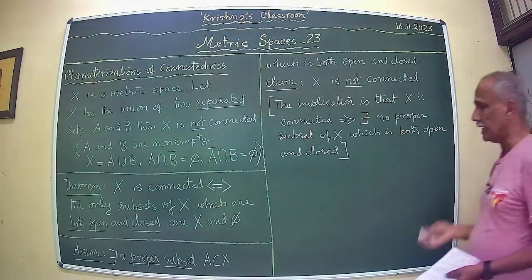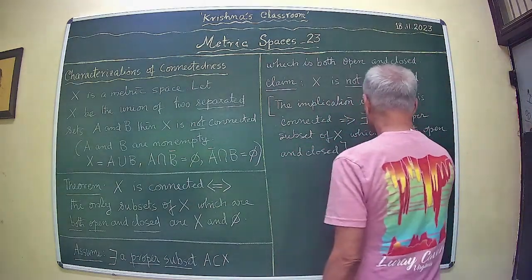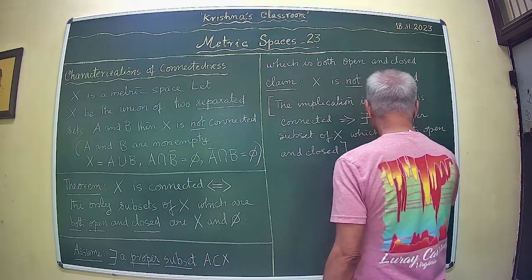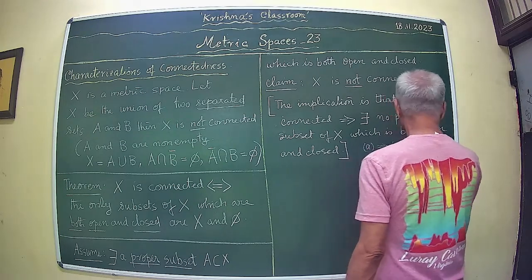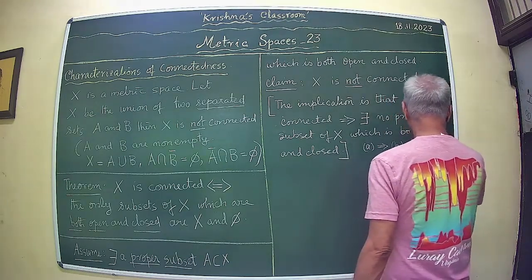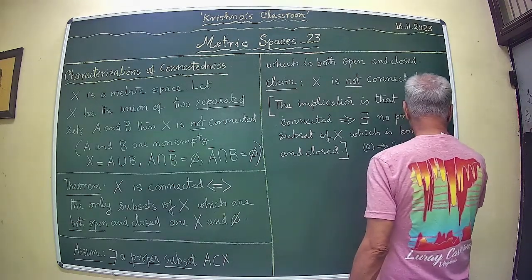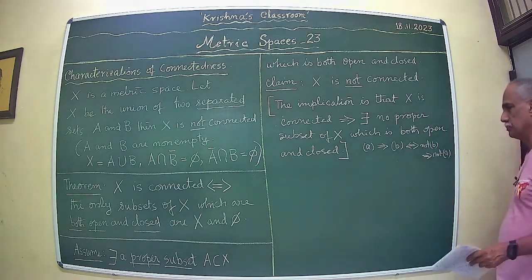This is, of course, as we have proved many results already. You want to prove A implies B, then this is equivalent to proving not B implies not A. So we take up this route.